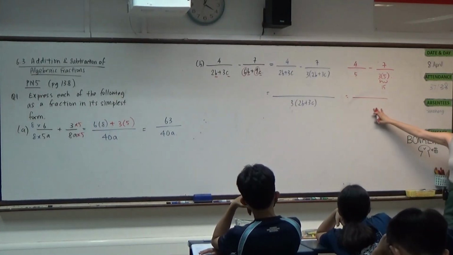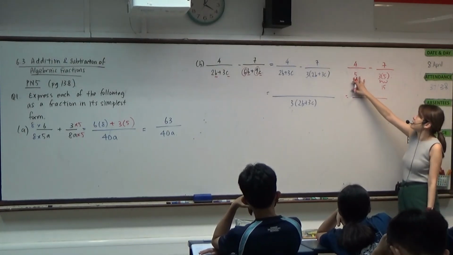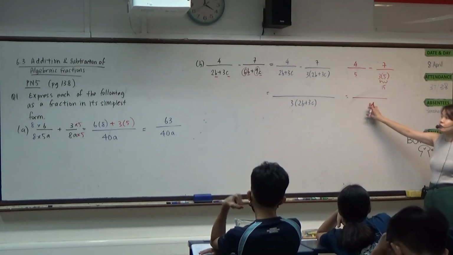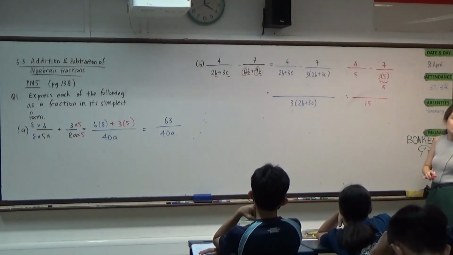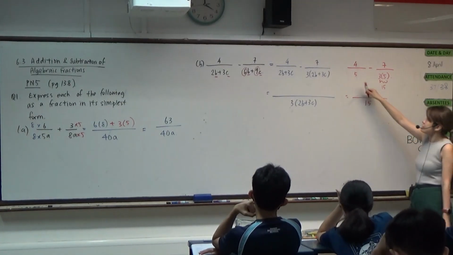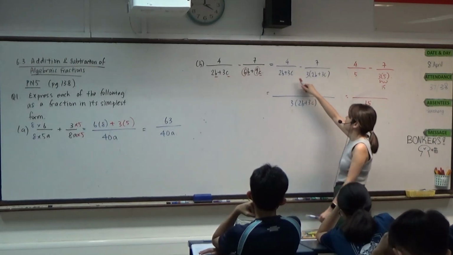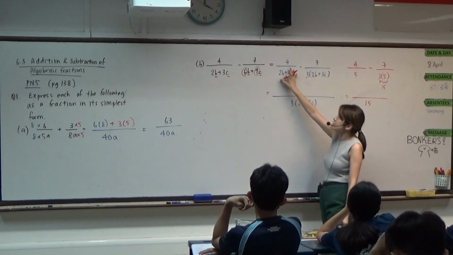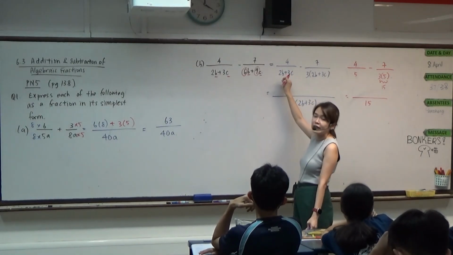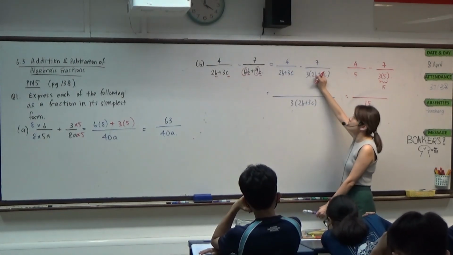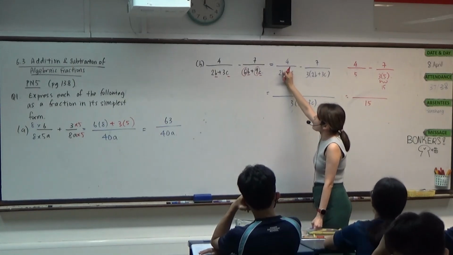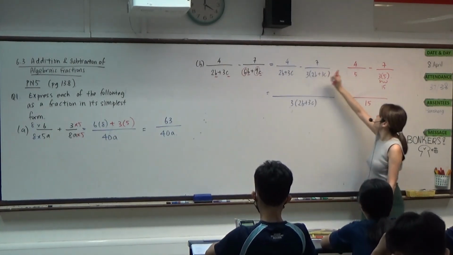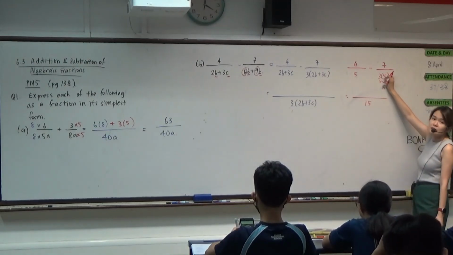Between 5 and 15, the lowest common multiple is 15. So instead of 2b plus 3c, I change it to a number 5 for you to see first. I want us to see this as a group of items together.